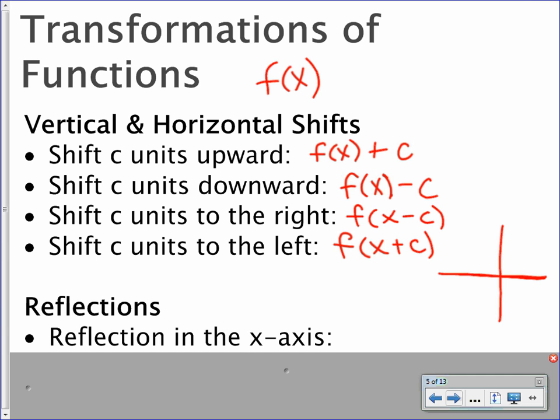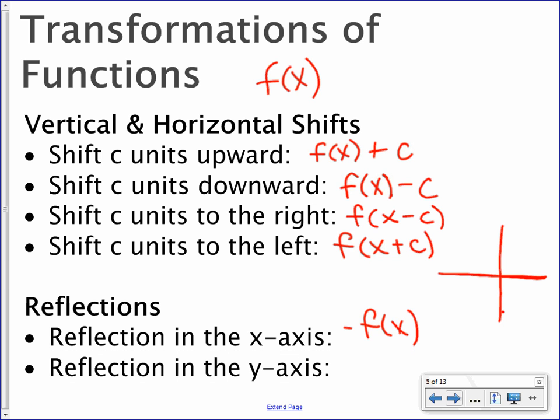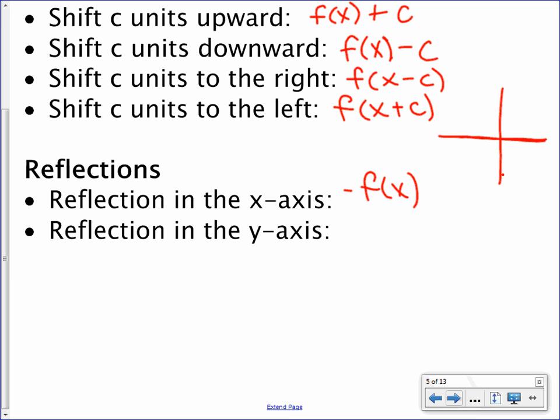If I'm going to flip something over my x-axis, what values are being affected, the x or y? The y values. So that's why our negative goes on the outside. Now if I'm going to flip something about my y-axis, what values get affected? The x values. So your negative goes inside.